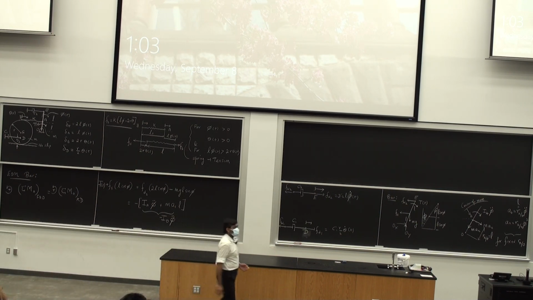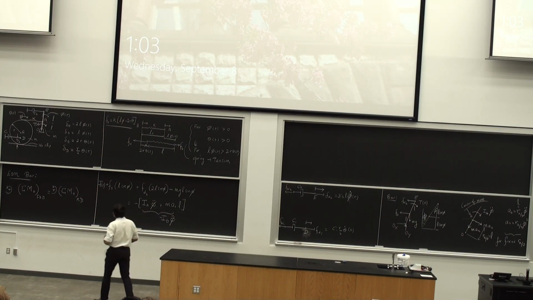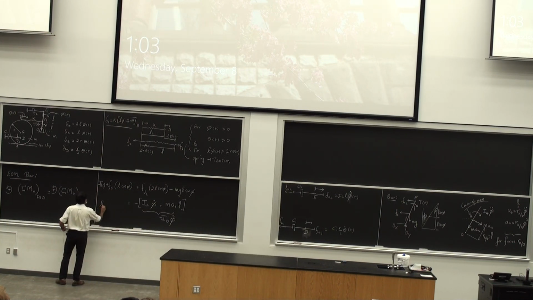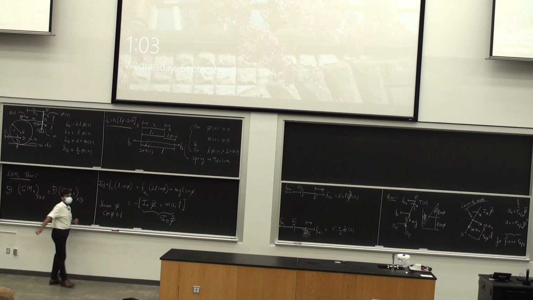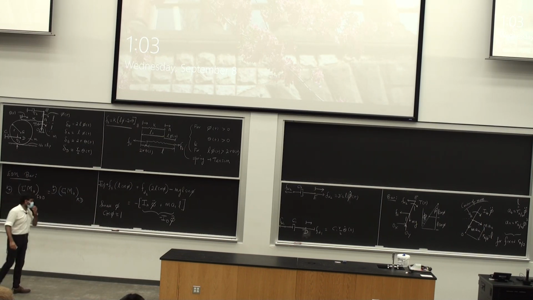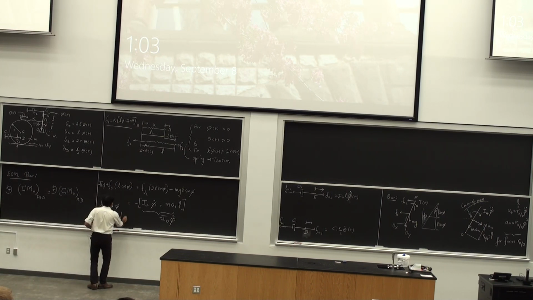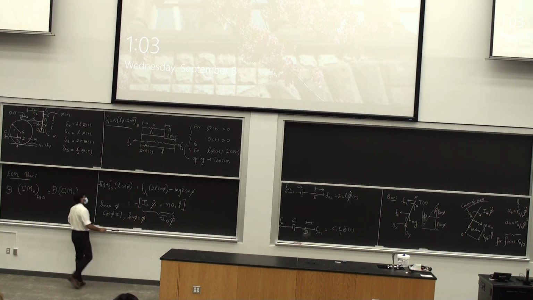Alright, and the rest of them are details, but here is what you can do. Small phi: cosine phi is approximately equal to 1. Sin phi approximately equal to phi. You can do the substitutions.